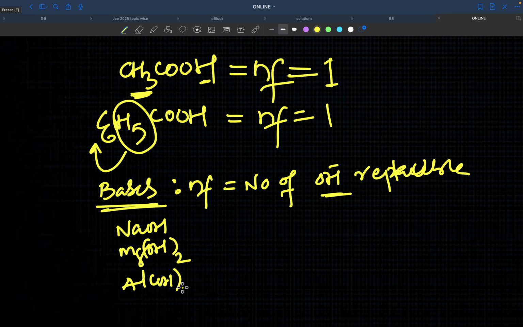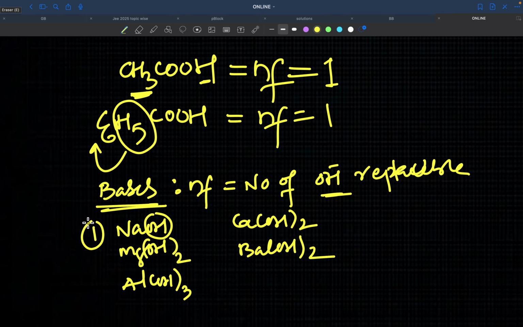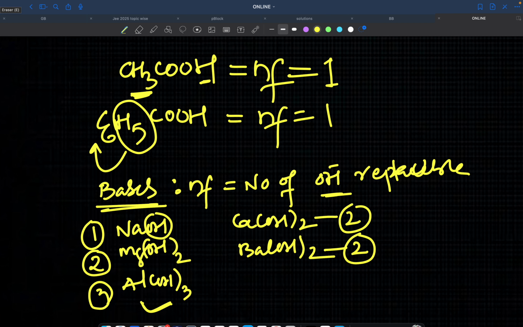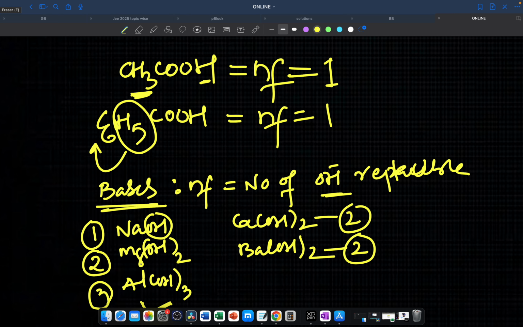Calcium hydroxide, Ca(OH)2, and barium hydroxide, Ba(OH)2. There are no exceptions here; however many OH groups there are, that is the n factor. So the n factor of NaOH is 1, Mg(OH)2 is 2, Al(OH)3 is 3, Ca(OH)2 is 2, and Ba(OH)2 is again 2. This is how you calculate the n factor of a base.